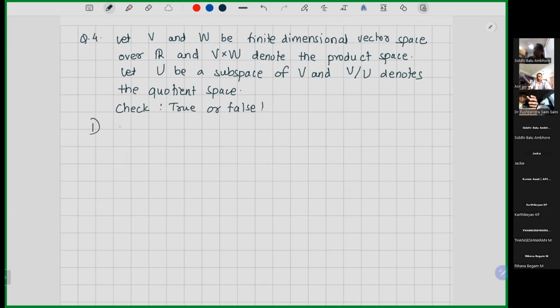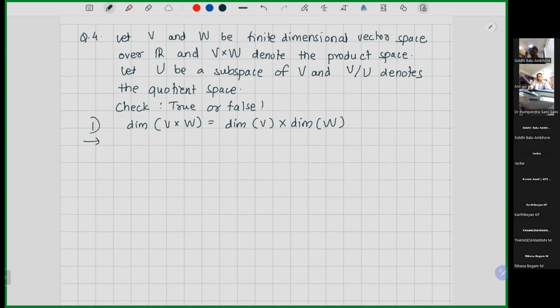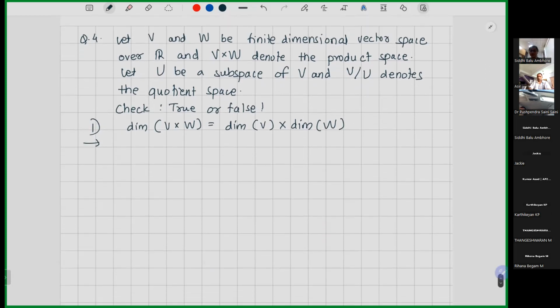The first question is now: the dimension of this product space V cross W is dimension of V into dimension of W. Any guesses whether this is true or false? Should be dimension of V plus dimension of W. Yeah, exactly.